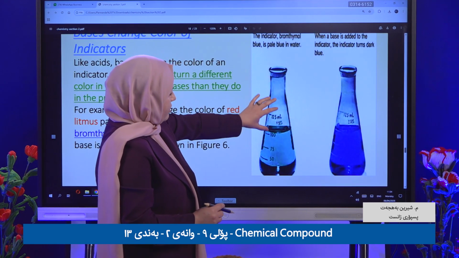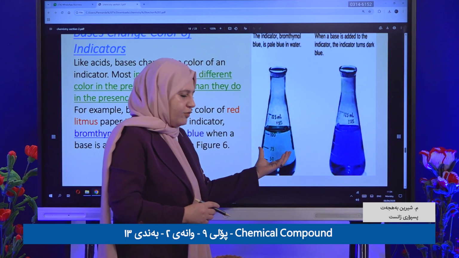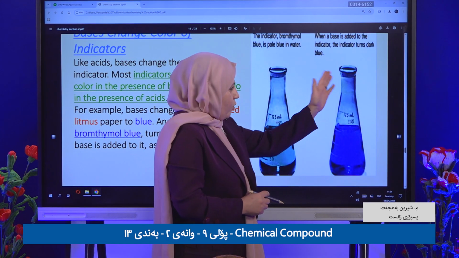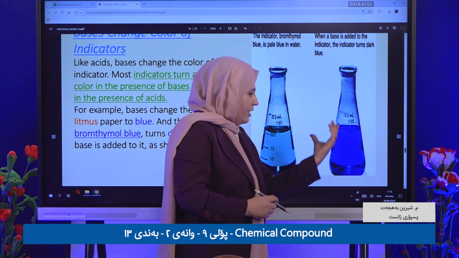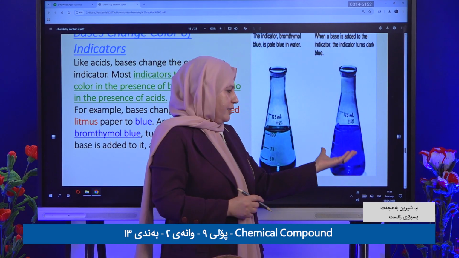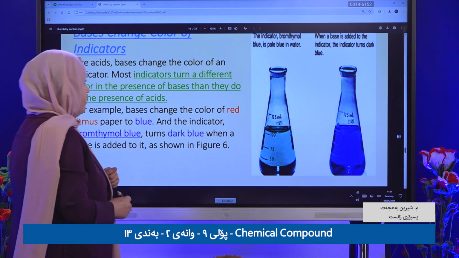Look at the picture again. This flask contains only bromothymol blue and water, which has which kind of color? Pale blue. When you add a base, look at the color. It changes into a dark color. That tells us it contains a base.